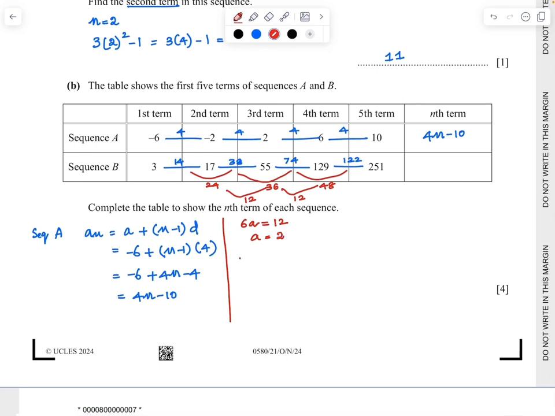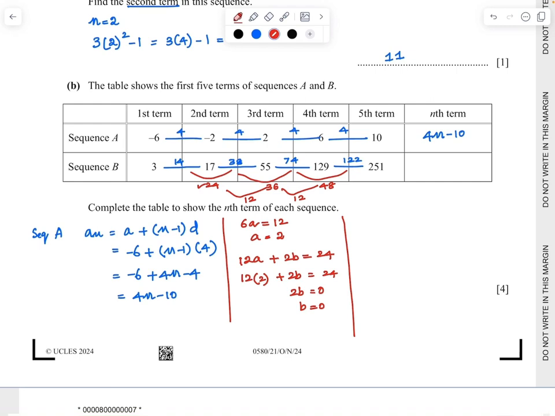Now the second difference, 12a plus 2b is equal to 24. So 12 times 2 plus 2b is equal to 24. So 24 on the left and right also. So 2b becomes 0, which leads b to 0.